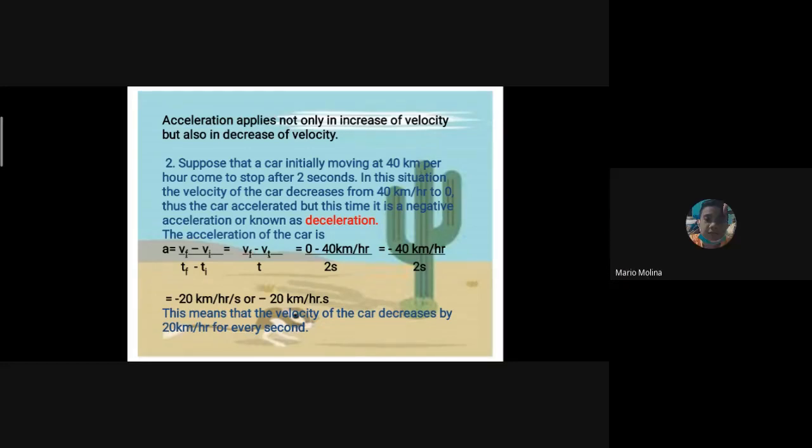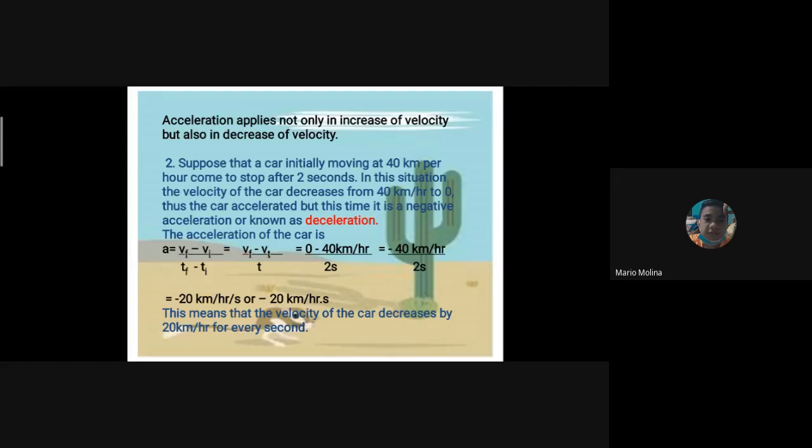Suppose that a car initially moving at 40 kilometers per hour comes to stop after 2 seconds. In this situation, the velocity of the car decreased from 40 kilometers per hour to 0, thus the car accelerated, but this time it is a negative acceleration or known as deceleration.